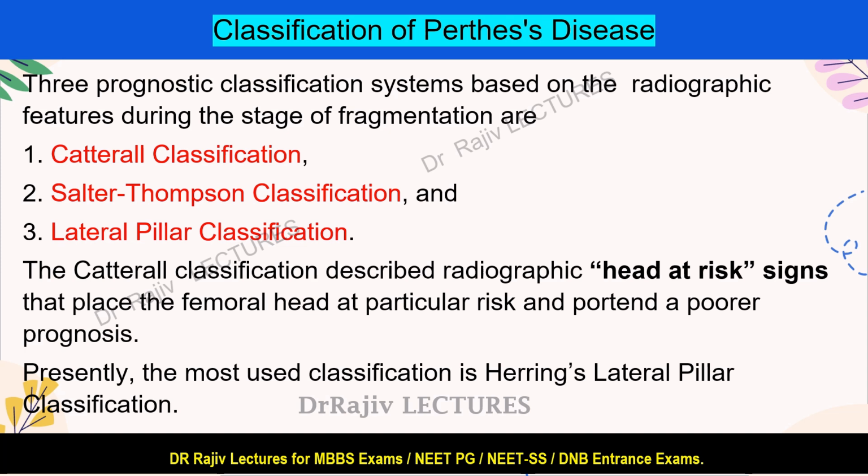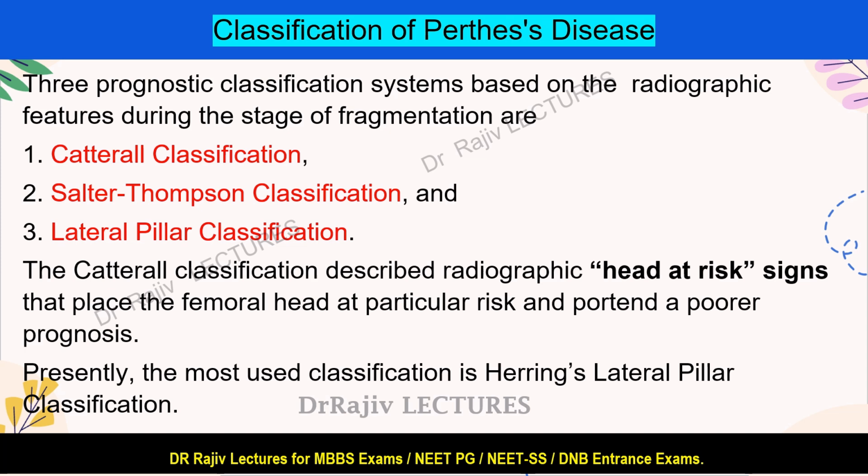The classifications for LCPD can be divided into 2 categories: one that defines the stage of the disease, and the other that tries to predict prognostic outcome. 3 prognostic classification systems, namely the Catterall classification, Salter-Thompson classification, and lateral pillar classification, have been proposed based on the radiographic features during the stage of fragmentation.